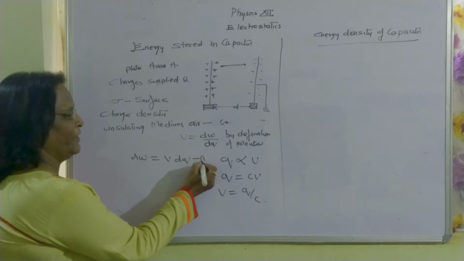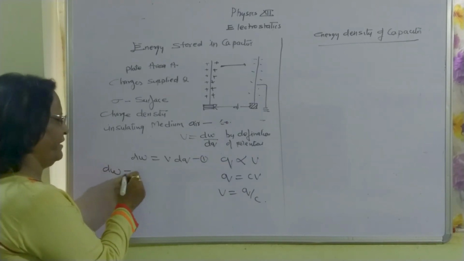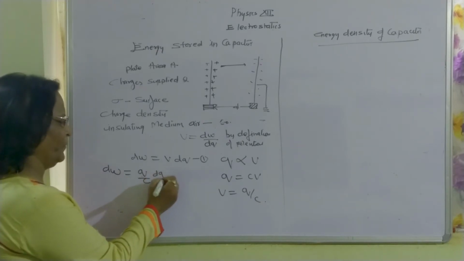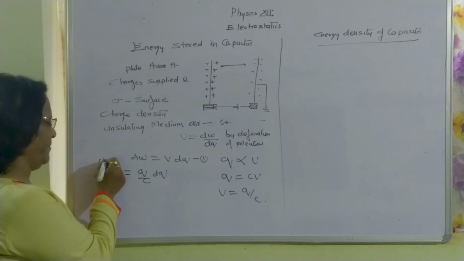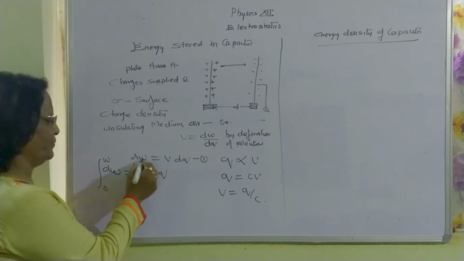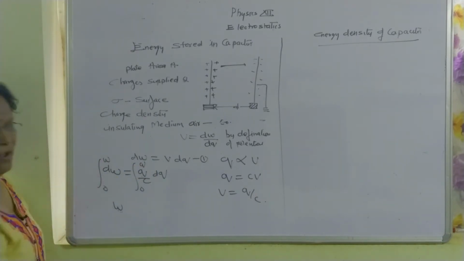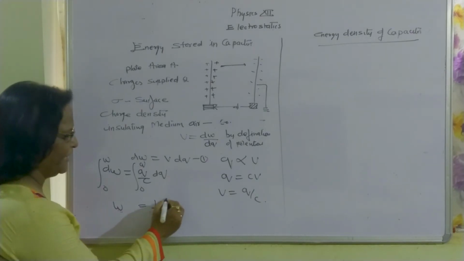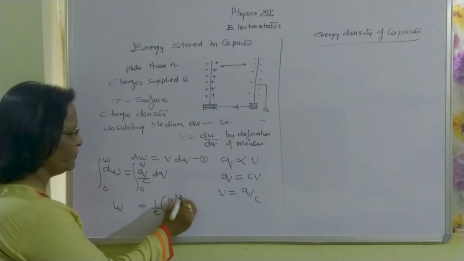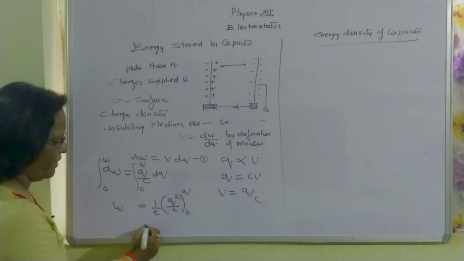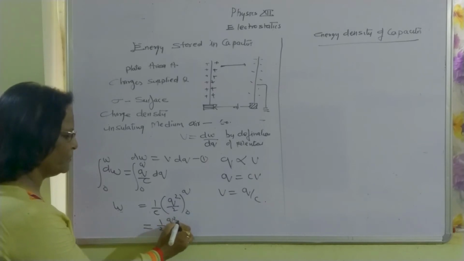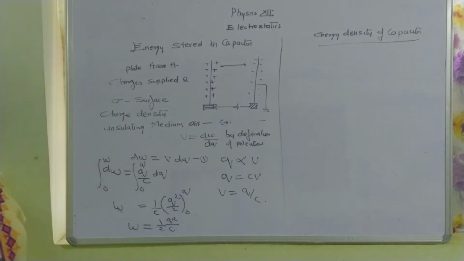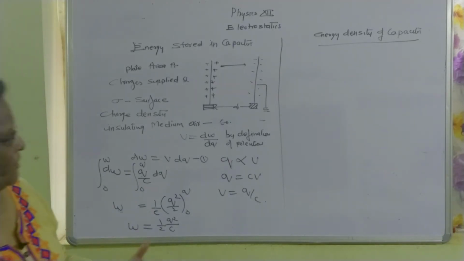We will substitute in equation number 1: dW equals Q upon C into dQ, and now we will integrate within the limits 0 to W and 0 to Q. When we integrate dW, we get W, and on the right 1 upon C times Q square upon 2 from 0 to Q. On applying the limits, 1 upon 2 Q square upon C is the work done, and this work done will be stored in the form of energy.